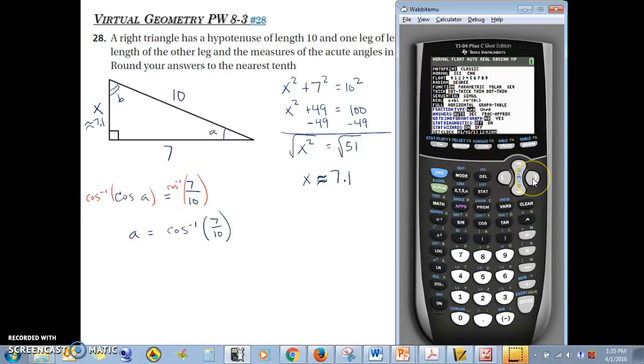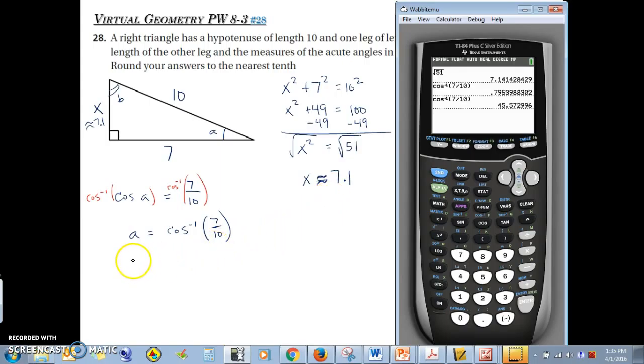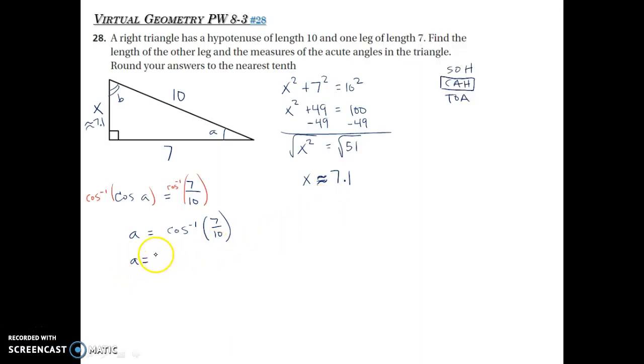So I'm going to put it in degrees. And then I'm going to do this again and see what I get in degrees. 45, rounded to the nearest tenth, 45.6. So A is approximately 45.6 degrees.